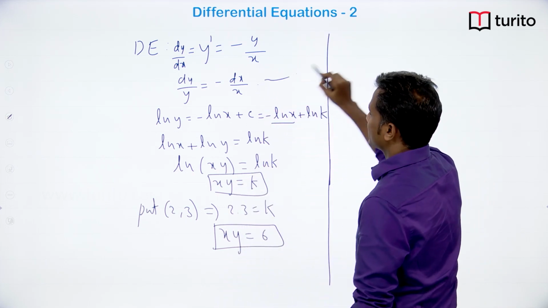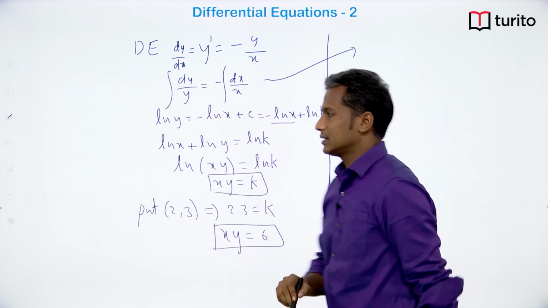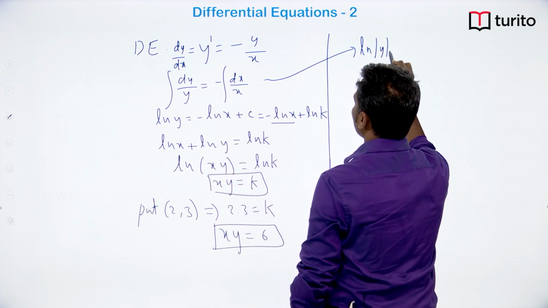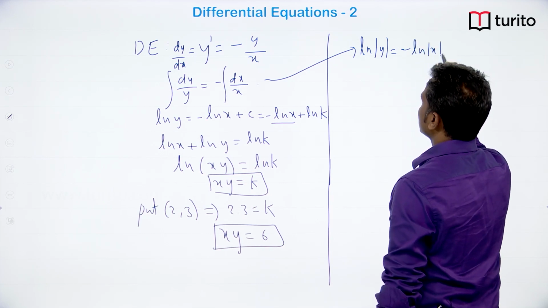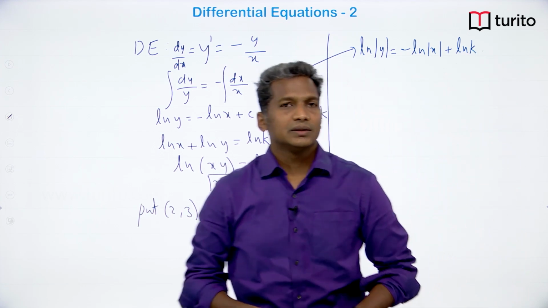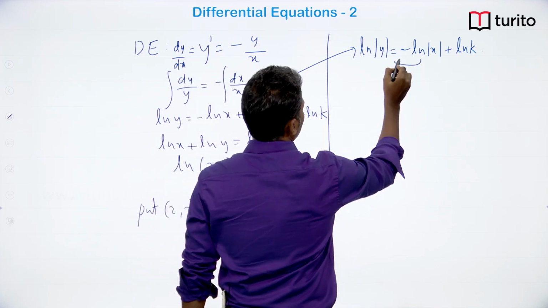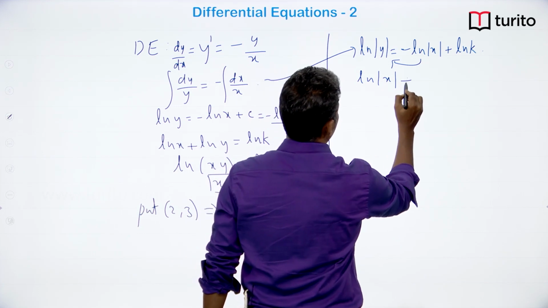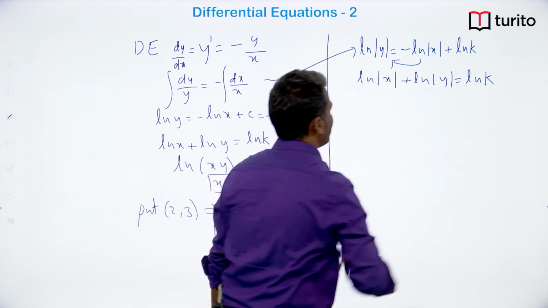So after this step, when we integrated both sides, our LHS would be ln of mod y, RHS would be minus ln of mod x, and here ln of k, right. Now k could be positive, we will see what it is. When I take this to the LHS, I will get ln mod x plus ln mod y is equal to ln k.